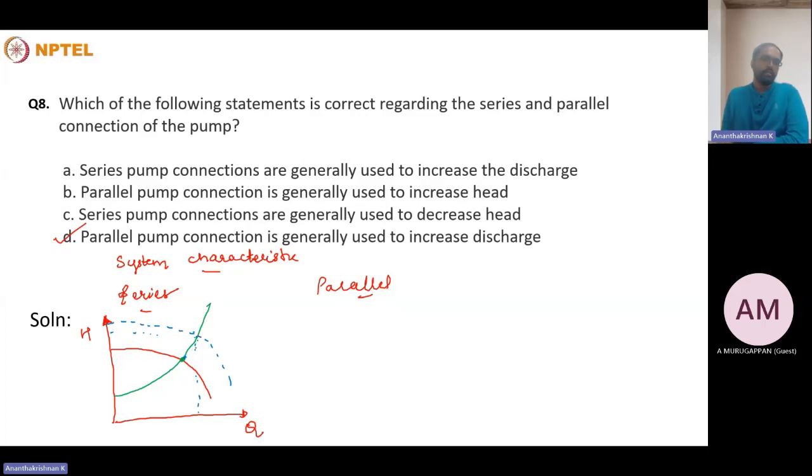But another feature that we could observe during the experiment is that increasing the number of pumps in series requires a huge number of additional fittings, and that reduces the discharge. And in reality, this new overall head curve comes down drastically.